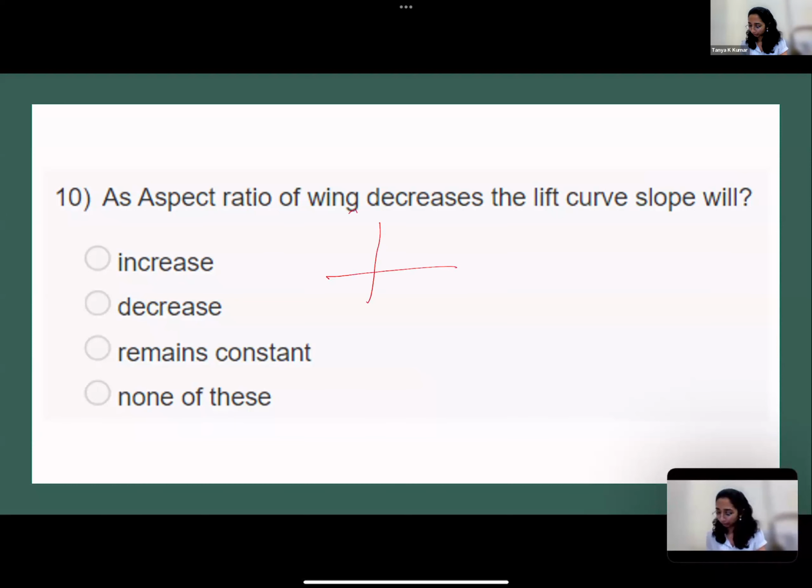CL versus alpha, something like this. So as your aspect ratio decreases, how will this graph change? How will the slope of the graph change?